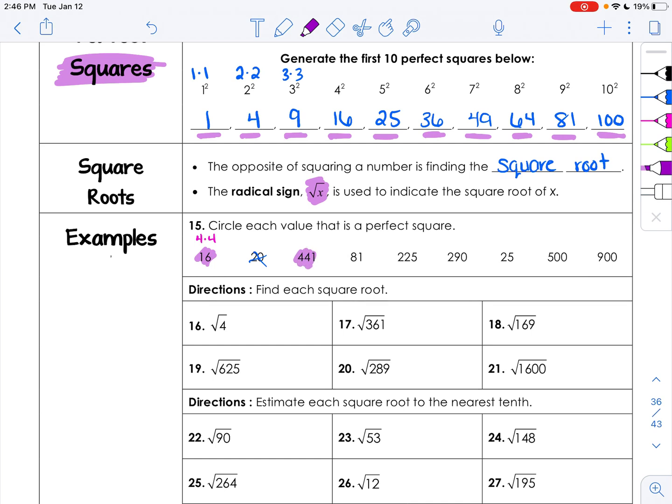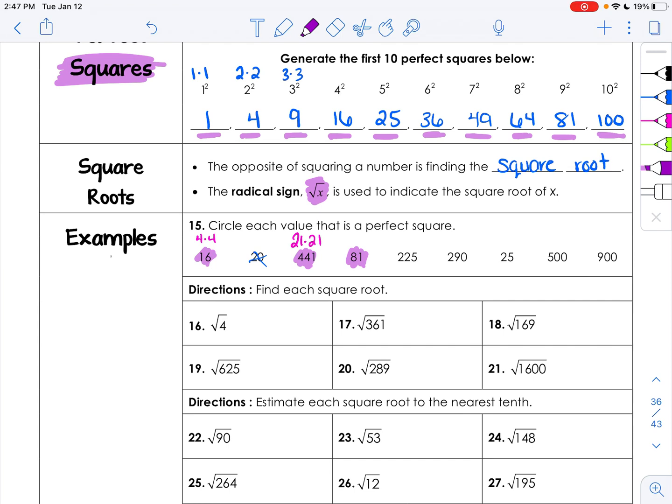441 is a perfect square. Think about what number could you multiply by itself and get 441? You could multiply 21 times 21. 81. 81 is a perfect square. What could you multiply by itself and get 81?